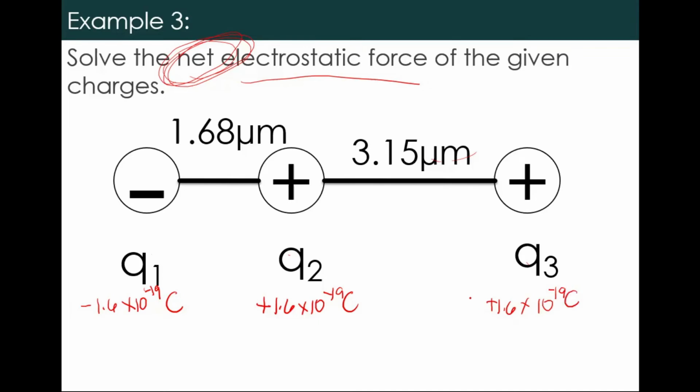Okay, since it's the net electrostatic force, we will first get the charges. So it's F12 plus F23.